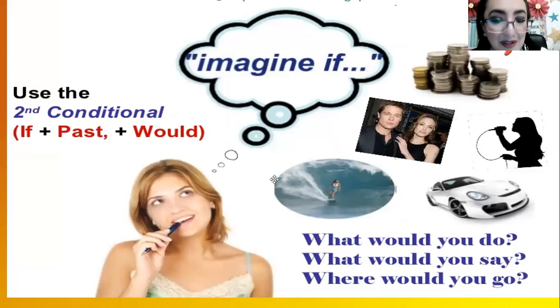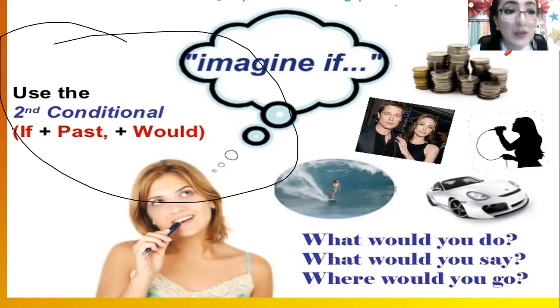Imagine, what could you do if you were rich? What could you say if you were in front of the president? Where would you go if you had the opportunity? Those are some questions that we are going to be using. We are going to be imagining a different future or a different present.